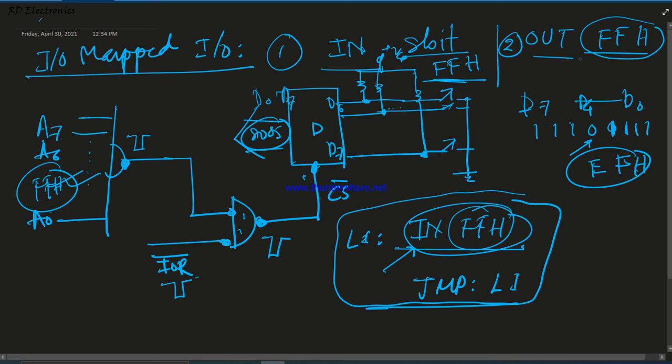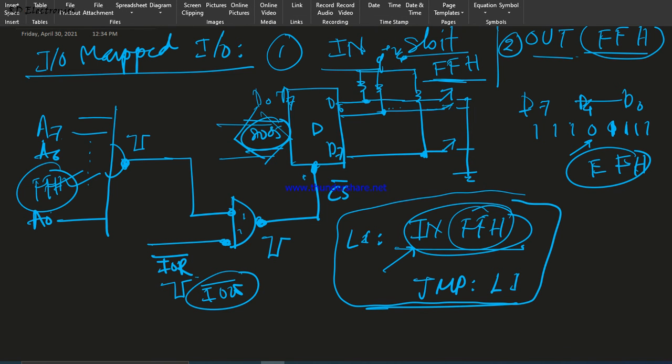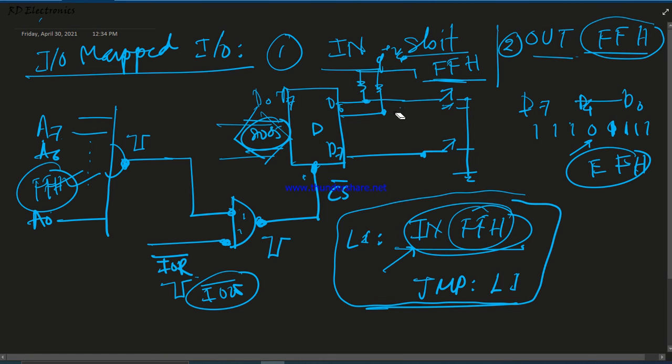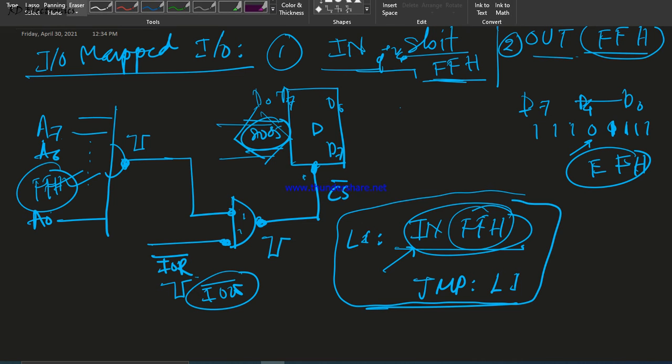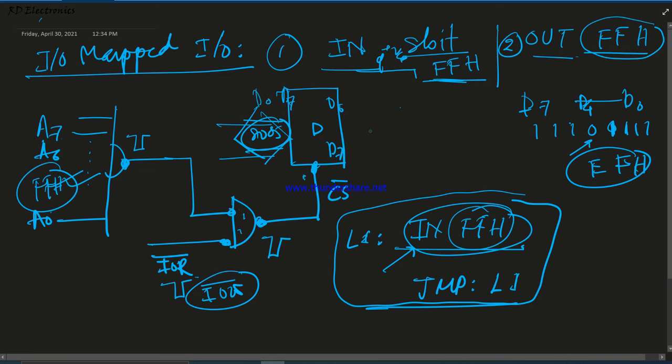Now let us discuss the OUT instruction. For the OUT instruction, all this hardware is the same, and here instead of IO read we use IO write, because now the data is coming from the 8085 and is stored in the port device. And instead of the switches, we use LEDs here.